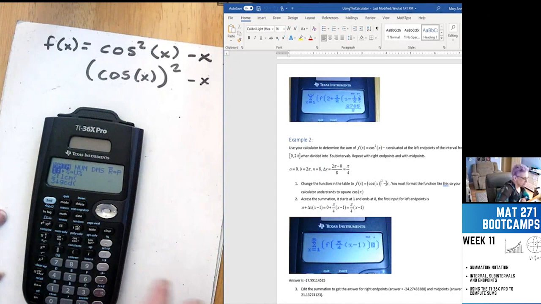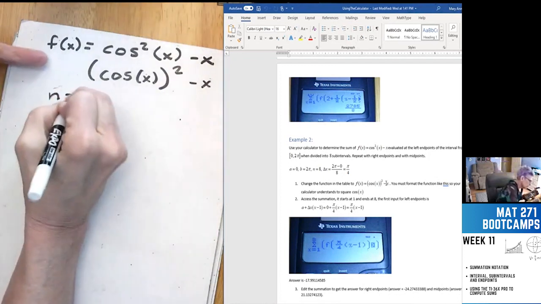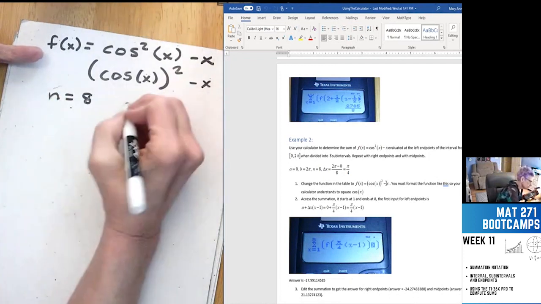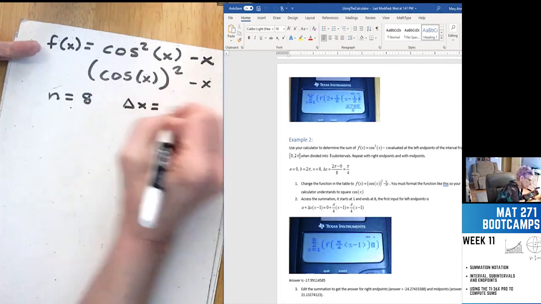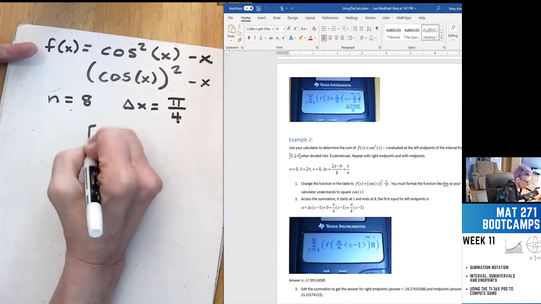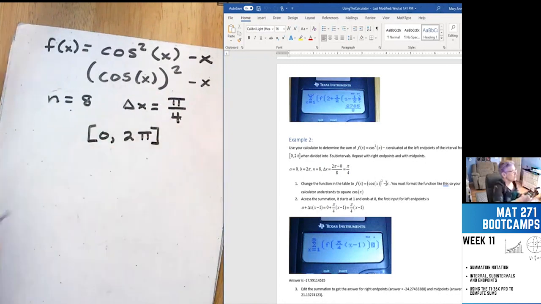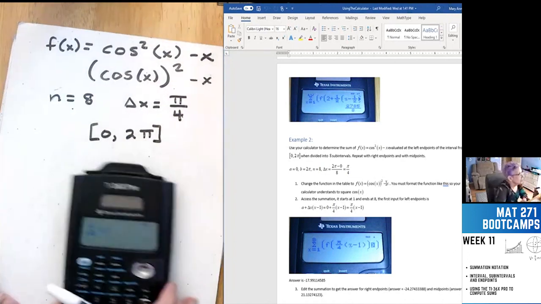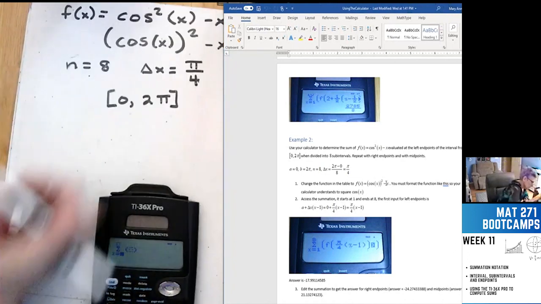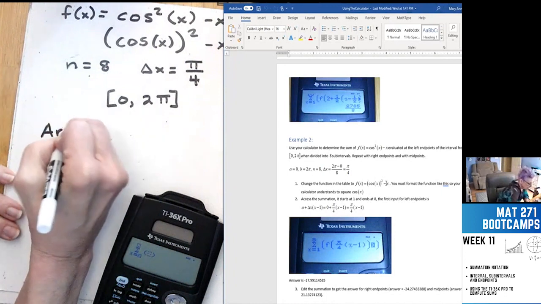Hit the math button, and I just hit 5. So I want n is equal to 8, delta x was equal to pi over 4, and we're going from 0 to 2 pi. And let's go ahead and estimate the area underneath that curve.